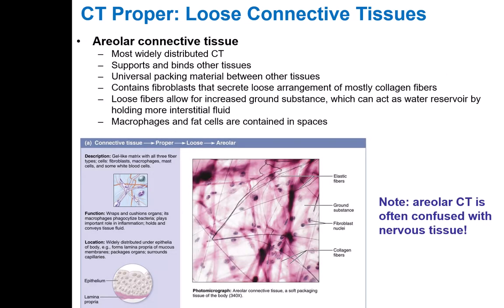The first of these is areolar connective tissue. You're going to find this all over the place. It's really there for support, binding together of other tissues, packing material. As you can see, this is what I'm talking about when you're looking at a connective tissue. You see these dots right here.